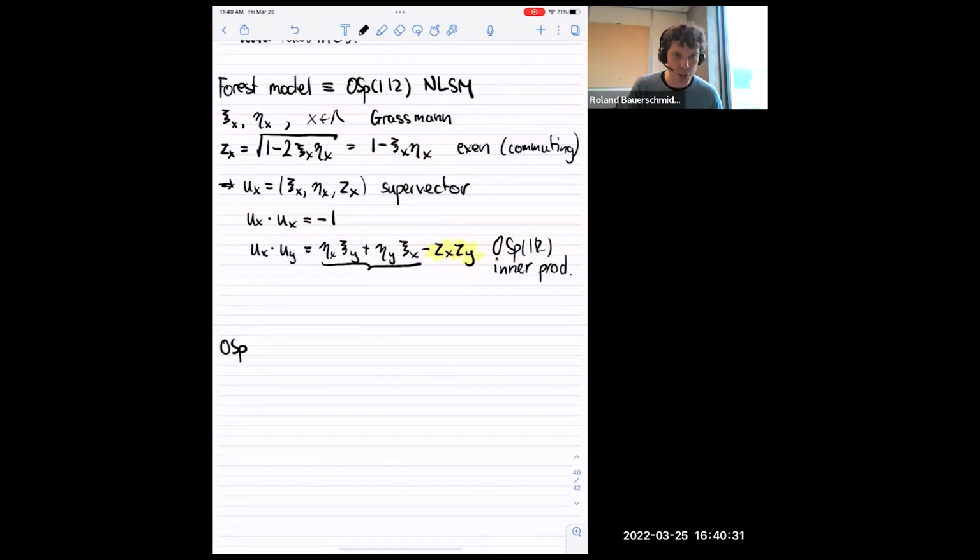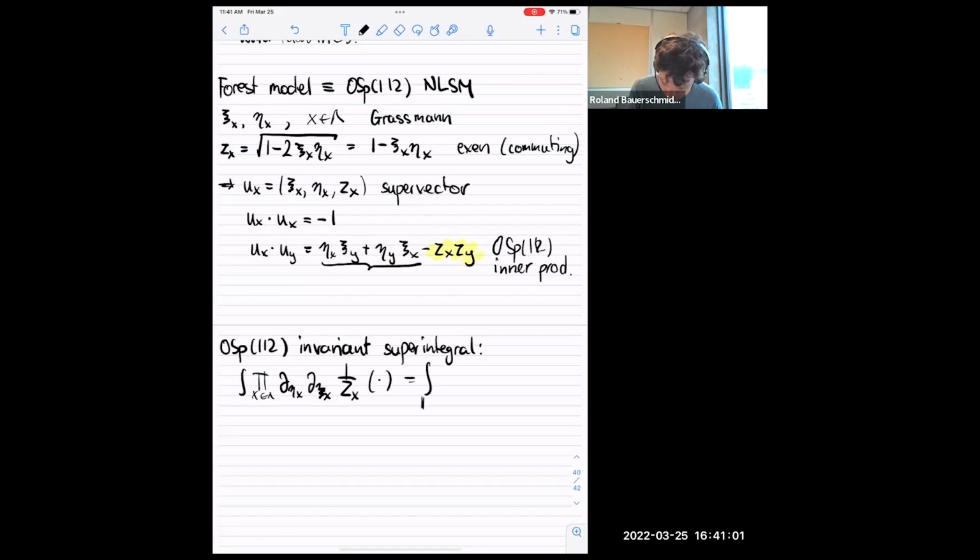And there's a version of the Grassmann integral which is invariant under these symmetries. And it's simply the usual Grassmann integral with an additional factor 1 over zx.